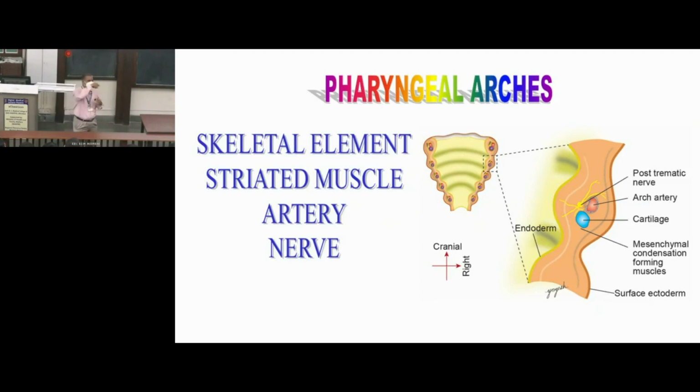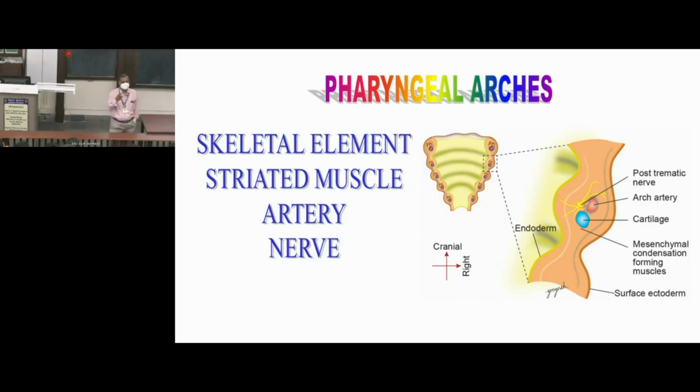Ectoderm. So it has to migrate and reach there. Okay, so nerve of the arch. Artery, nerve, and mesoderm has cartilage, and remaining mesoderm will give rise to the striated muscle. Remember, when you learnt derivatives of neural crest cells, two derivatives are muscles and cartilage of pharyngeal arches.